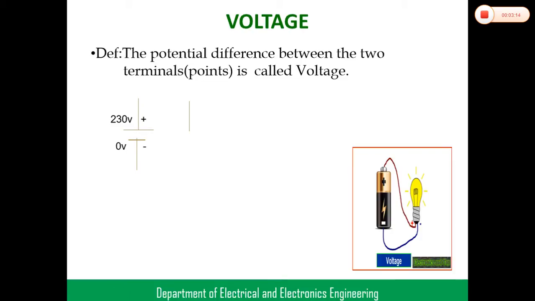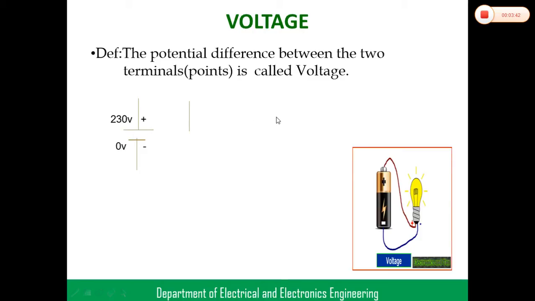The potential difference between these 2 points or terminals is 230 volts. The potential difference between the two terminals is called voltage. That means the voltage of this source is 230 volts, because 230 minus 0 equals 230 volts.